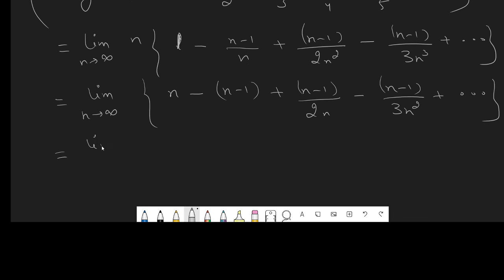So if you simplify it further, n we can cancel that out, so it will be 1 plus. If you separate the numerator, there is no need to do that, because here we have greater power in the denominator. Okay, so it will eventually tend to 0.